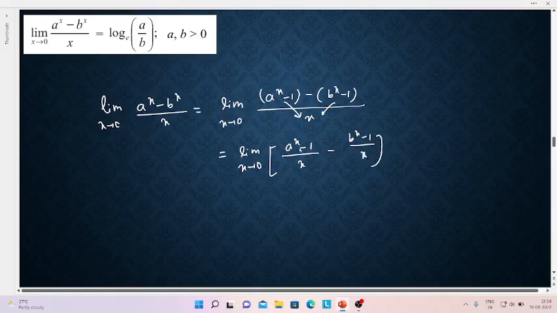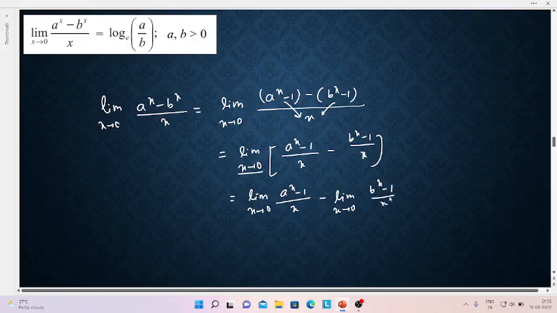Since limit of f(x) minus g(x) can be written as limit f(x) minus limit g(x), and x tends to 0 will always be there, we have limit x tending to 0 of a to the power x minus 1 upon x minus limit x tending to 0 of b to the power x minus 1 upon x, right?